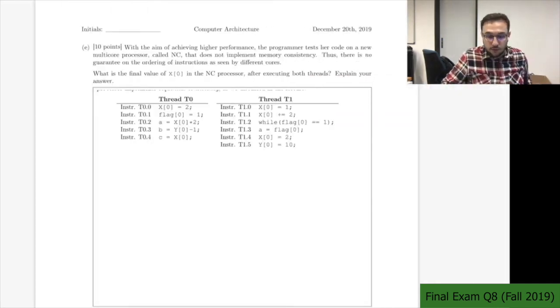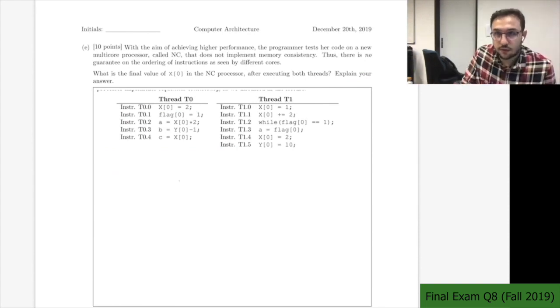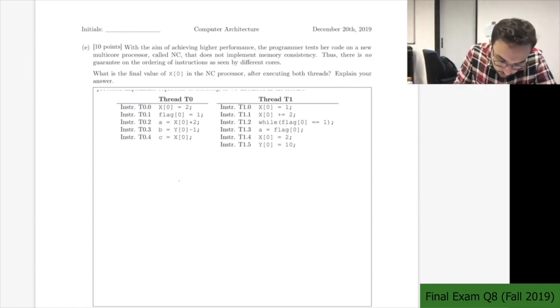In case of no memory consistency, core A can see core B's memory requests executed in different orders, rather than all of them in the order specified by the program. So in this case, we also need to look at other permutations that we didn't consider in the second part of the question. Let's look at the instructions that can change the value of x0. Again, this one, and this one.